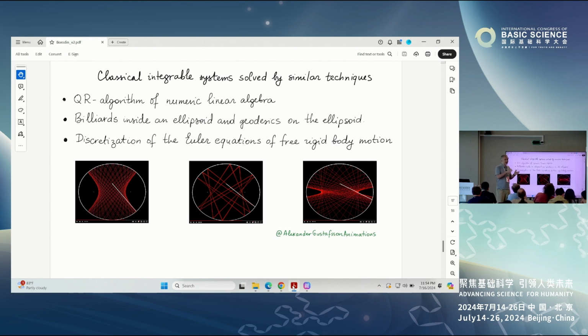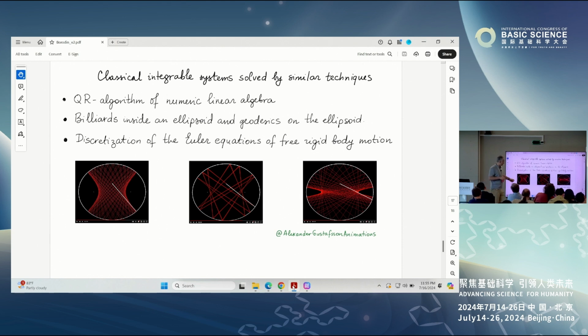One takes a matrix, factorizes it into an orthogonal and a triangular one, puts them in the wrong order, factorizes again, wrong order, factorizes, and so on. If you do that, mostly you will converge to a triangular matrix. Of course, the eigenvalues will stay the same, and so you can read them off the diagonal. That's a very efficient, stable algorithm of numerical linear algebra.